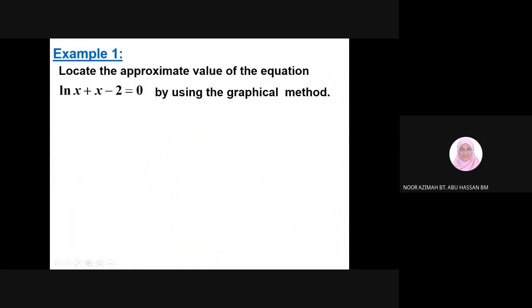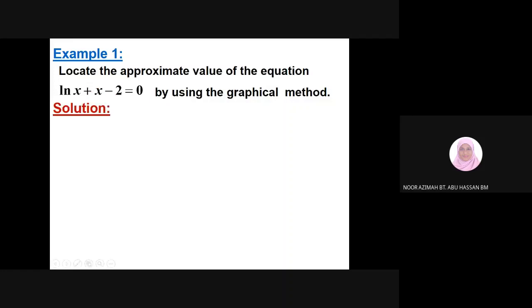This example will elaborate more regarding how to find our initial approximation value using our graph. Look at the approximate value for the equation. This is what I mean by a complicated function. You are given one complicated function. How can you find the intersection between this function and the x-axis? It will be hard.